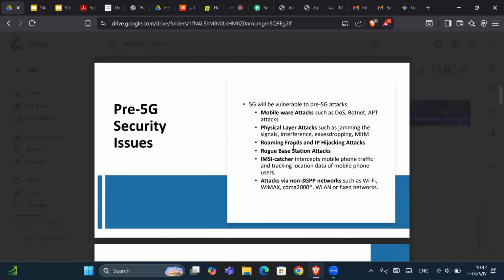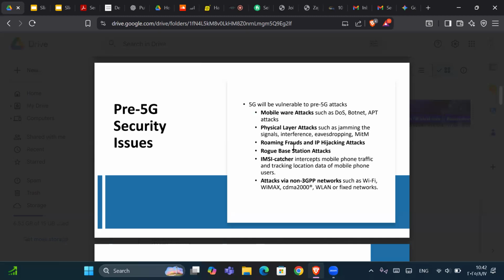The pre-5G security issues: 5G will be vulnerable to pre-5G attacks. This slide says that there were some attacks related to previous generations. These attacks are still applicable to 5G, and they can be listed as follows. We have the malware attacks such as denial of service, botnet, and APT attacks.